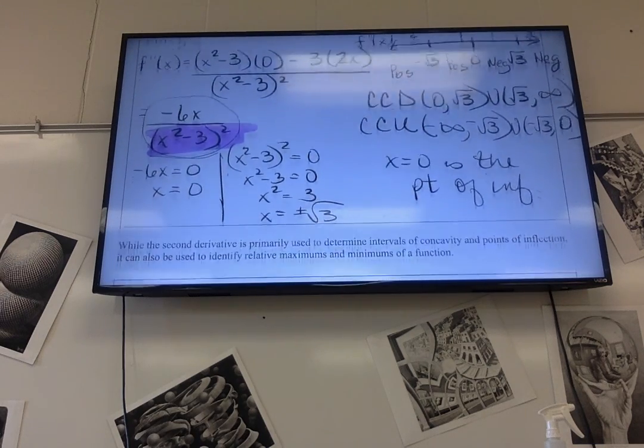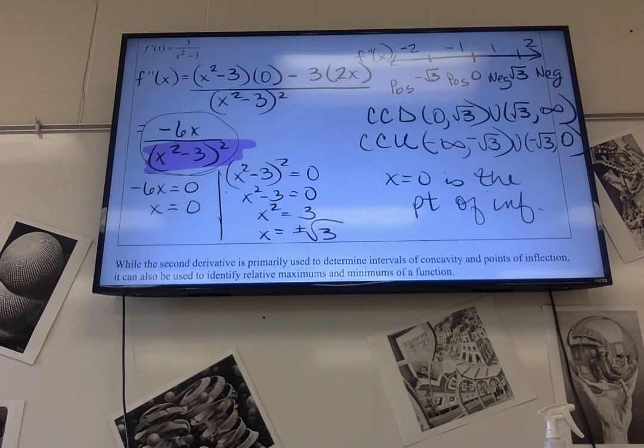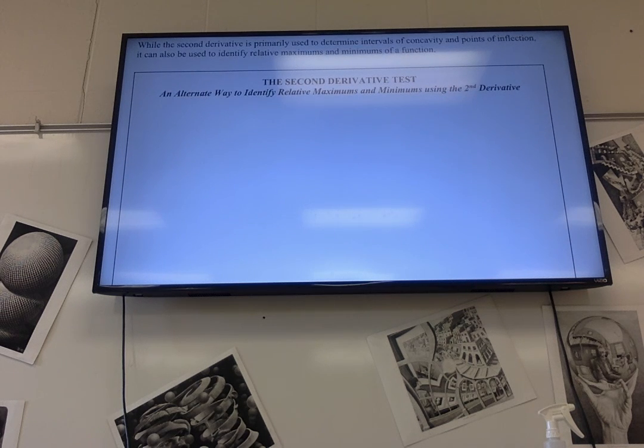Okay, so the next part is talking about how the second derivative we just figured out is used to figure out concavity and points of inflection usually. But it can also be used to figure out maxes and mins. Pretty snazzy.